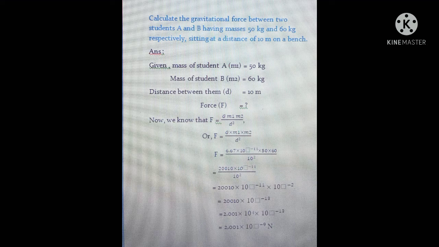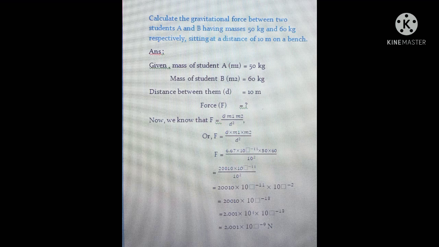Now in the next step, we'll try to bring the power of 10 upwards. When we bring a digit from the denominator to the numerator, its sign changes. Since it is power 2, it will be negative power 2 in the next step. So when minus 11 and minus 2 are added, it will be 10 to the power minus 13.